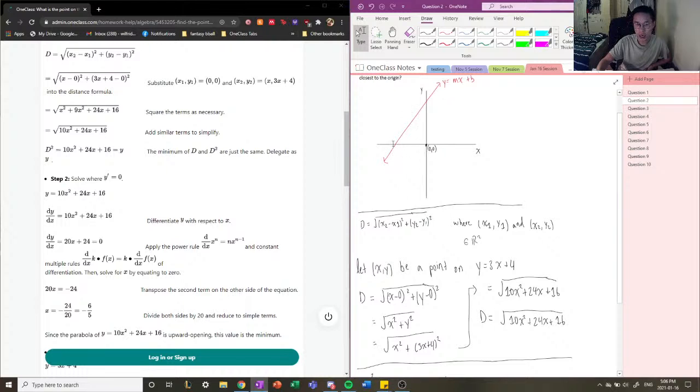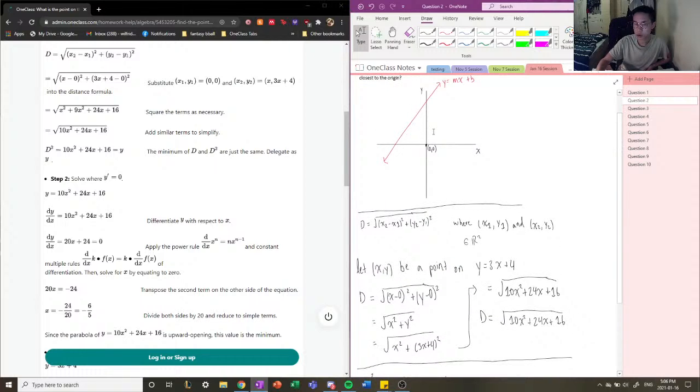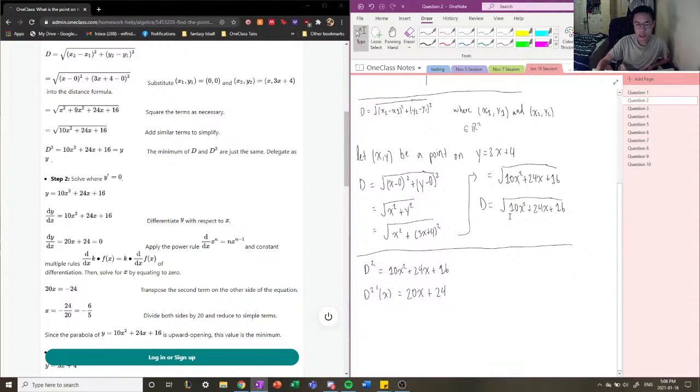And then I reasoned that if I were to find the critical point of its derivative, I'll be able to find the point on the line that's closest to the origin. Okay? So then I did the derivative, and I made it easier to calculate by squaring both sides, because I reasoned that the minimum, or the critical point, of d squared and d are going to be the same.